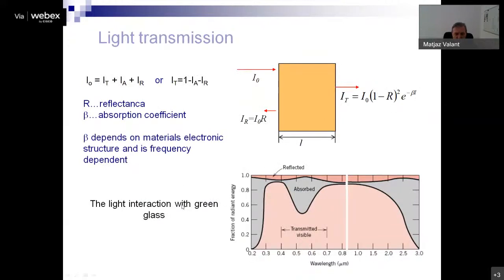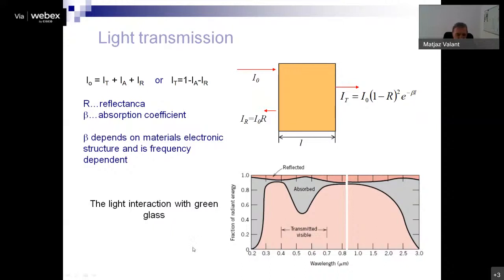And yet another thing is the transmission. Of course, what is not absorbed and what is not reflected is transmitted. And altogether, as I said, the sum of all three processes is equal to 1, but their share is different along the wavelength scale.